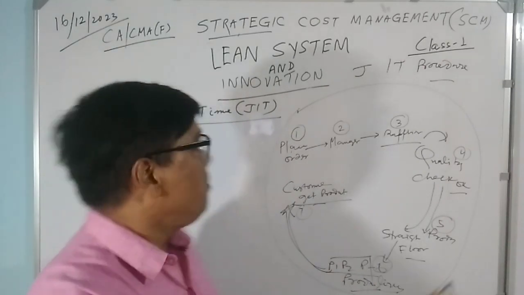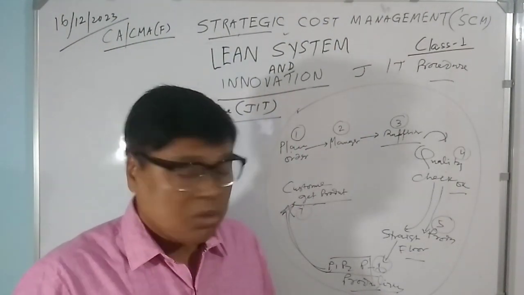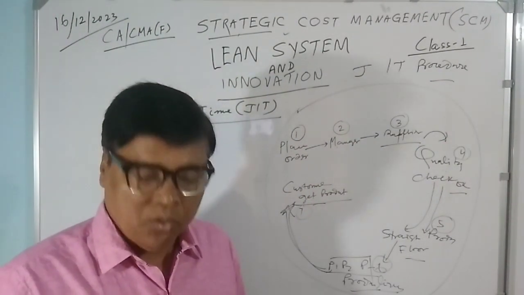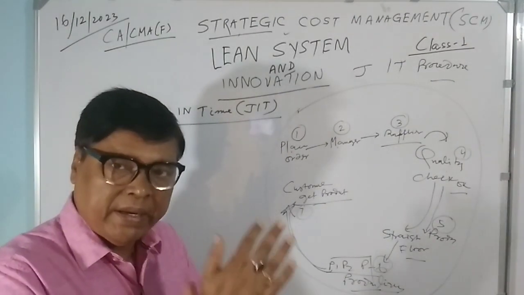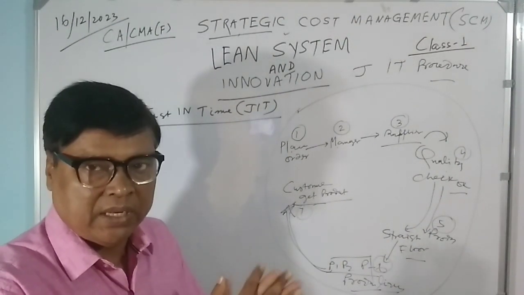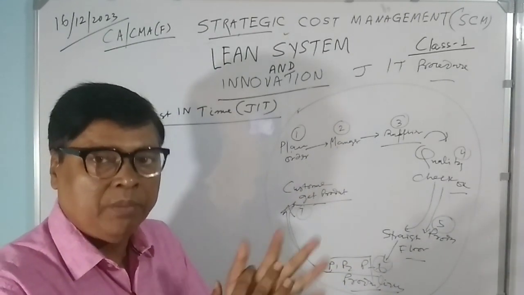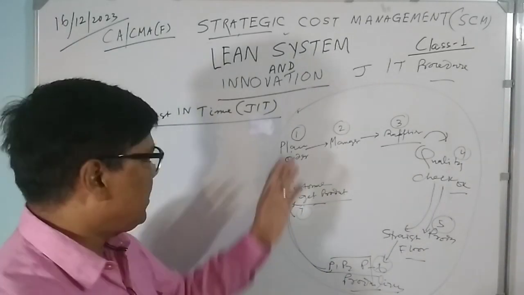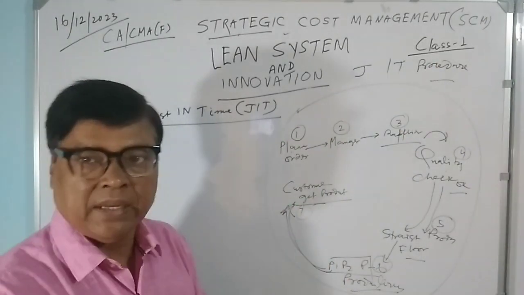That was the very basic concept of your strategic cost management, the first chapter we have discussed. So these are the techniques under just in time. Today we are discussing only just in time, because there are so many other techniques, that is Kaizen costing, and other techniques also, Six Sigma, all those things we will be discussing one by one in my subsequent class lectures.